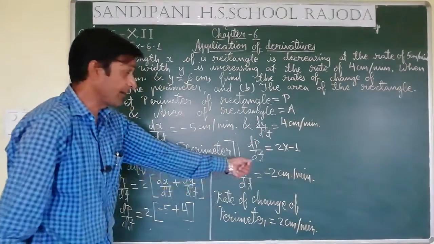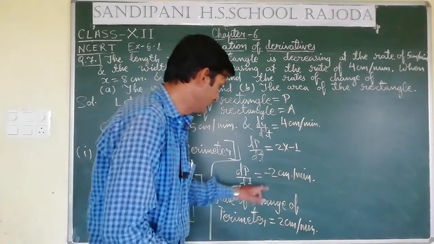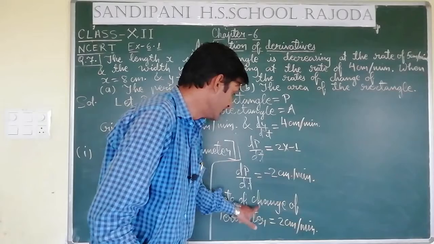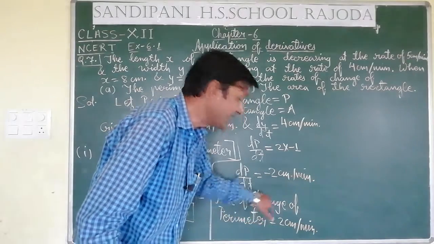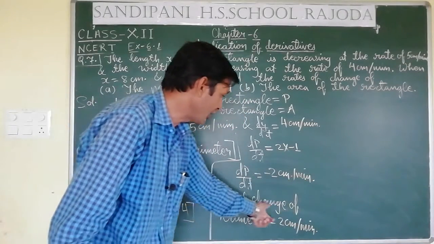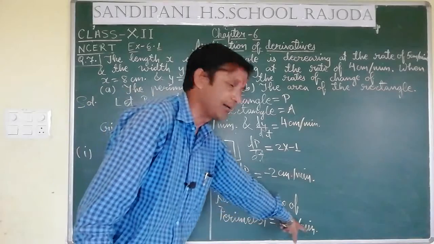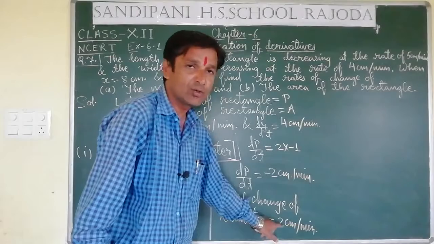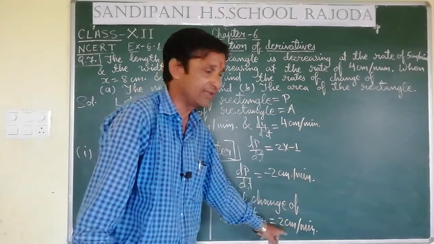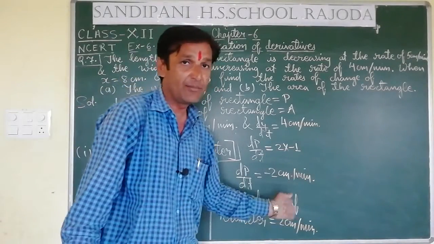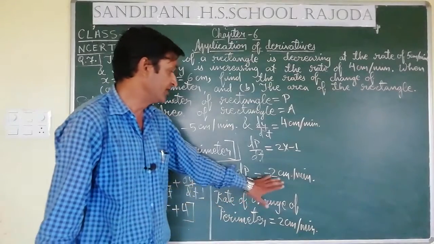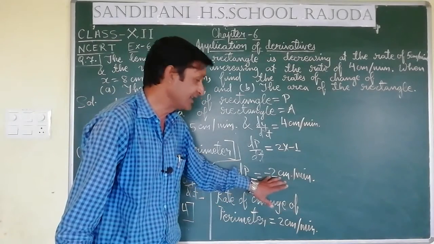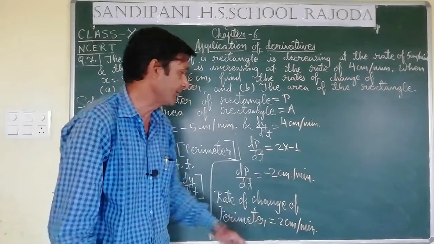Or this minus sign, what does it mention? That this change is decreasing. We may write rate of decreasing of perimeter is 2 centimeter per minute. If change is there, then there is no need to mention the minus sign there. That change may be negative, that may be positive. This denotes that it is decreasing. That's why it is minus.